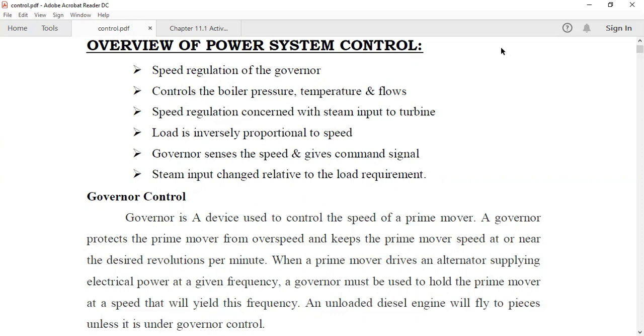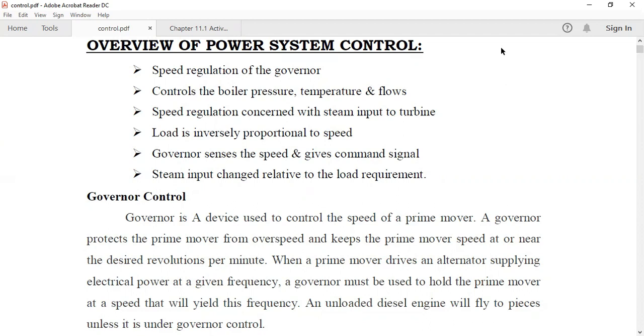Therefore, at all times we need to generate power equal to losses plus load of the system, by which we can maintain the basic parameters, that is frequency and voltage, within the prescribed limit. If load is going to increase, the frequency is going to reduce and speed is going to reduce.